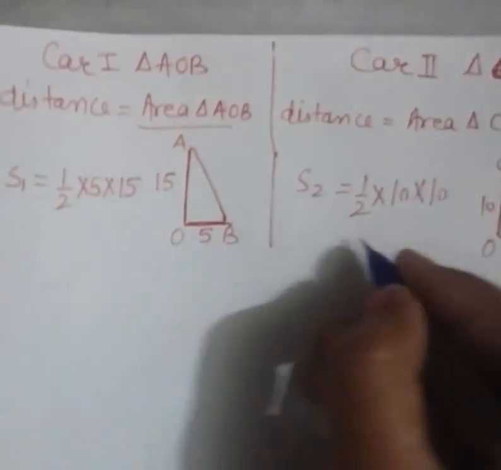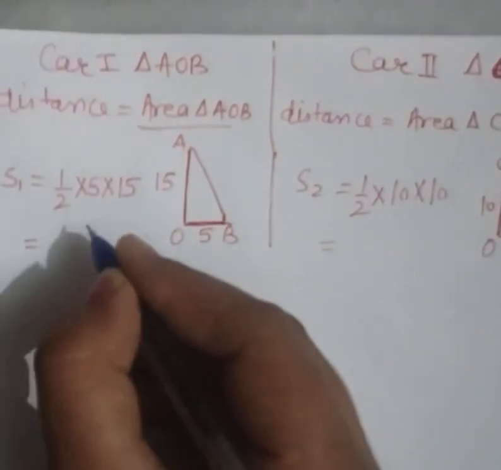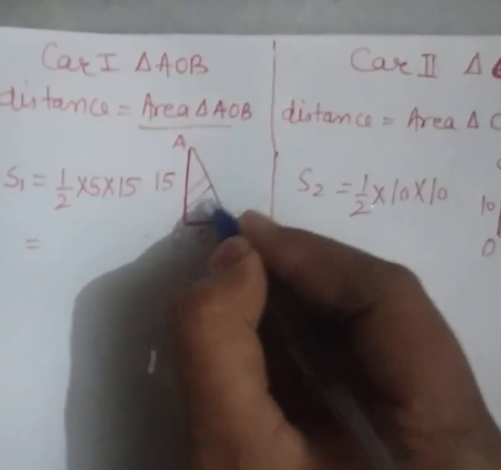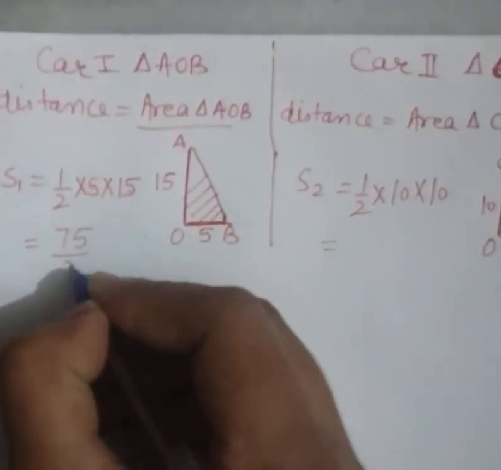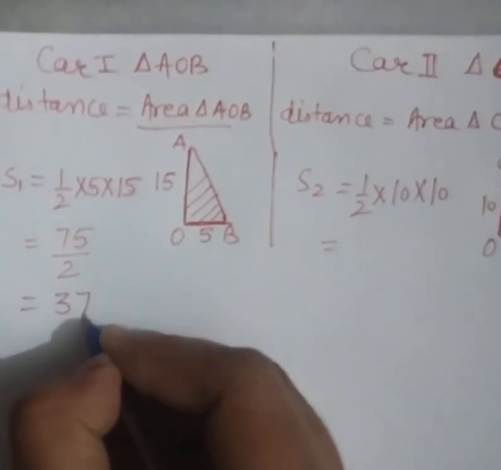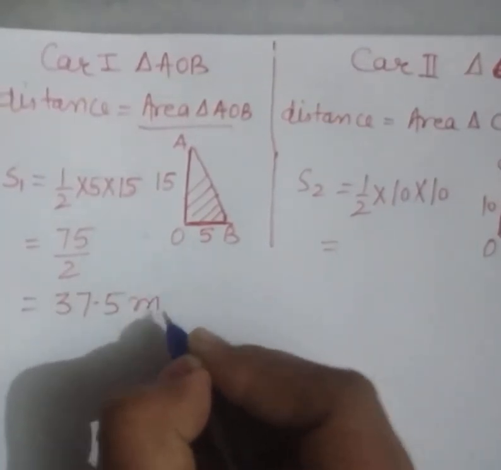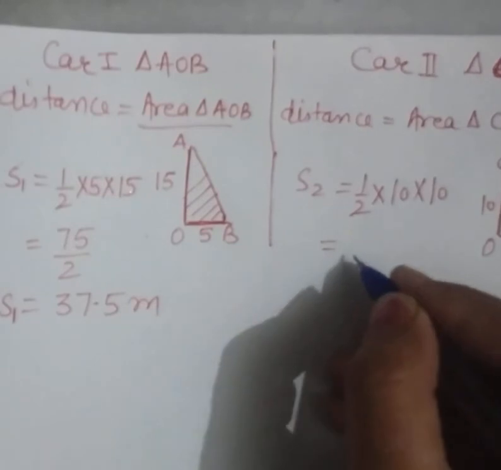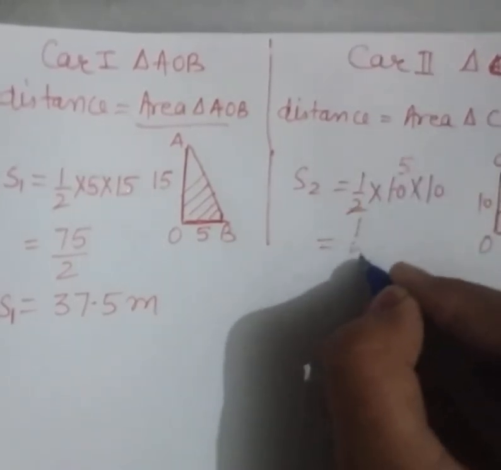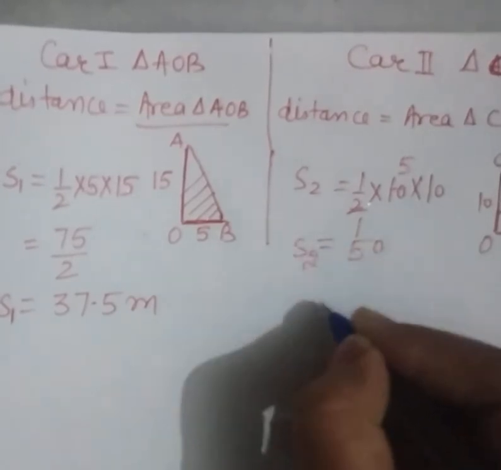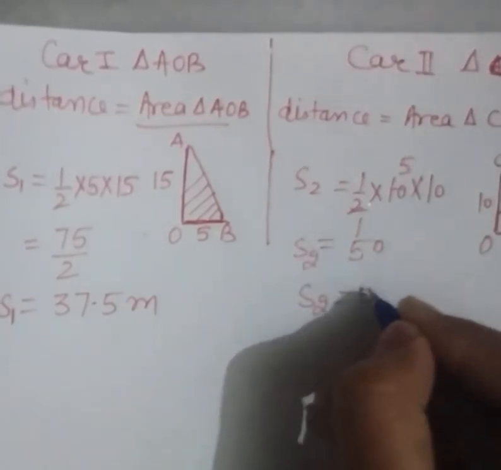So we have to find out distance using area under the graph. 15 fives are 75, 75 by 2, that is 37.5 meter, because it is distance. And for the second case, half into 10 into 10 is 50. So distance for the second case is 50.